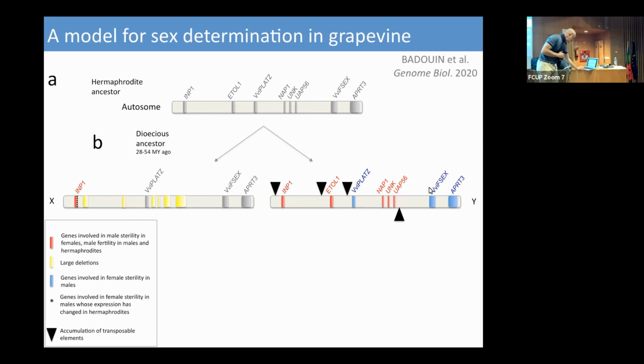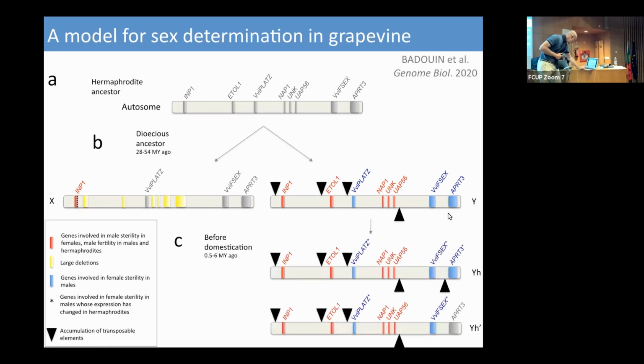Also, because the Y haplotype is not recombining, it accumulated transposable elements, and it's very clear. We found a lot of transposable elements in the Y haplotype. It's also why we struggled so much to actually assemble the Y haplotype. And before domestication, two mutations of the Y appeared.